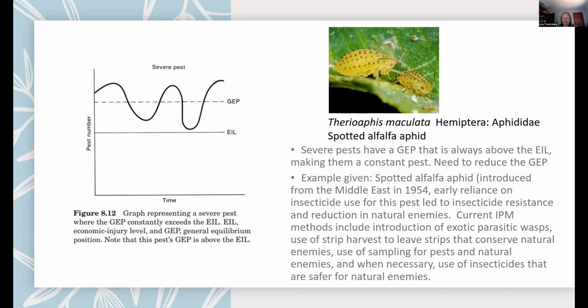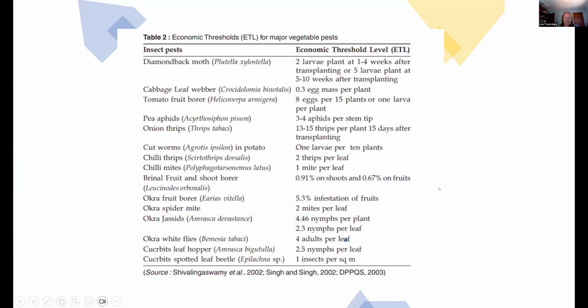So they give spotted alfalfa aphid. And early reliance on insecticide use led to some insecticide resistance. So anyway, there's a whole IPM program with multiple methods, including using parasitic wasps, strip harvesting, a bunch of things, because this is a regular pest.